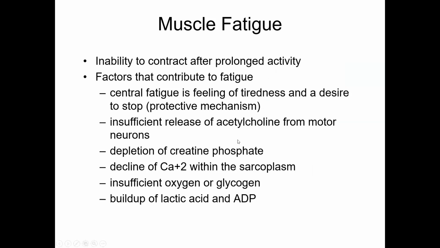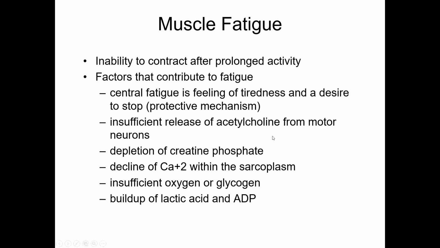And as a last aspect of this lecture, let's talk about muscle fatigue for a minute. Muscle fatigue is some kind of a chemical deficiency inside our skeletal muscles. This could be an insufficient amount of acetylcholine. This could have a number of reasons.